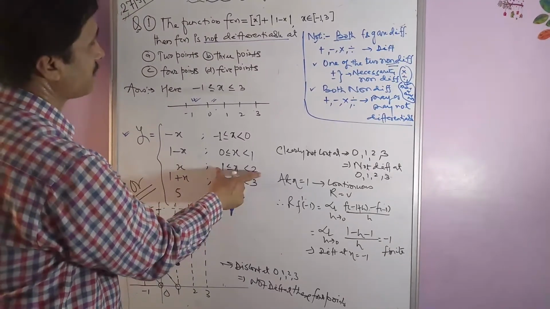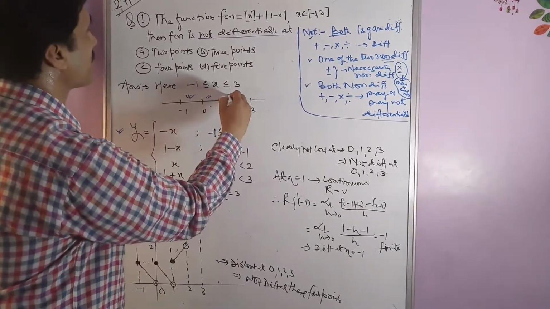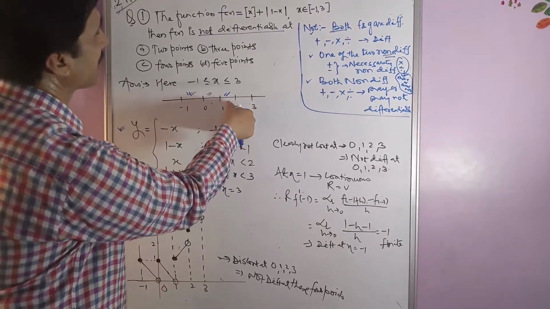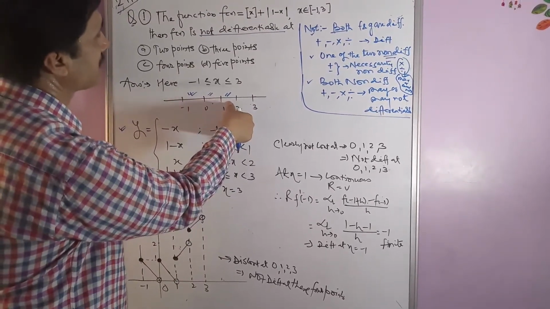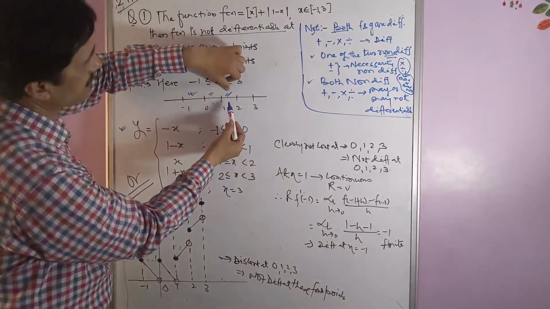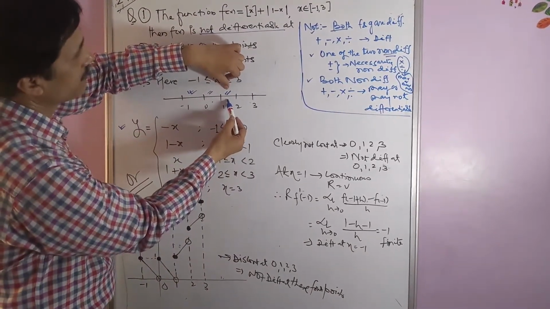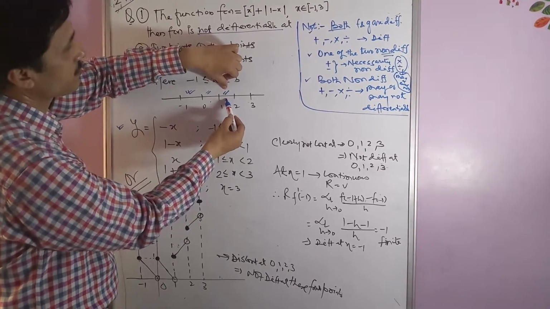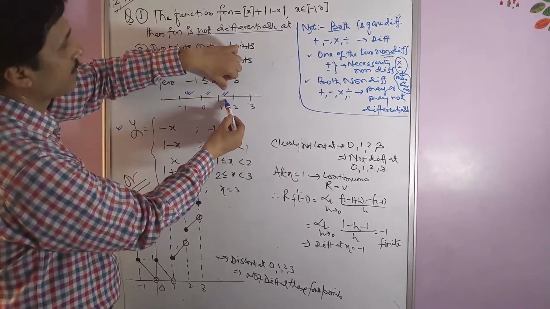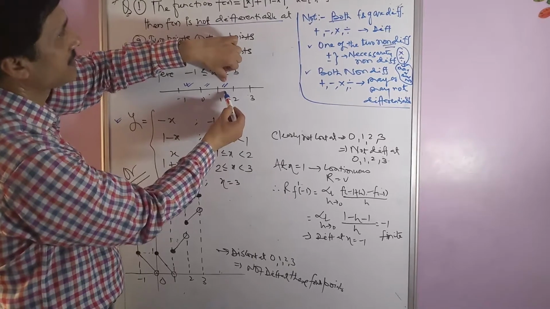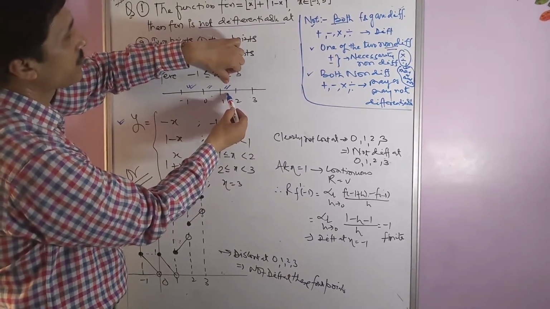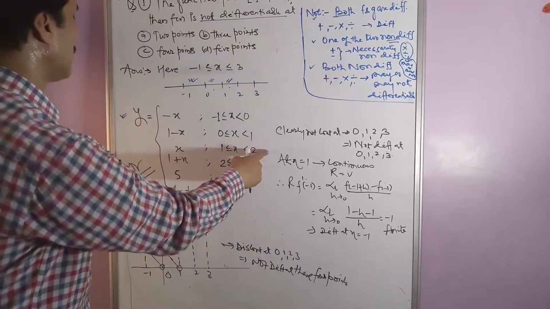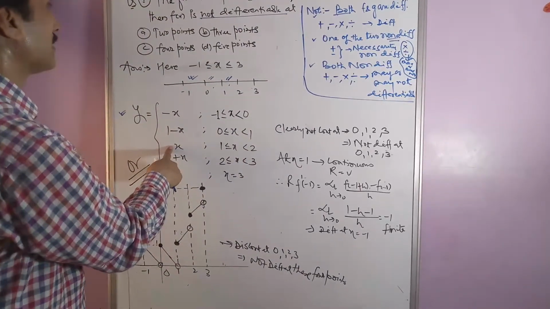When x lies between 1 to 2, the integral part is 1, but 1 is less than x, so 1 minus x is negative. After removing the modulus, this will be x minus 1. So we have x in this case.